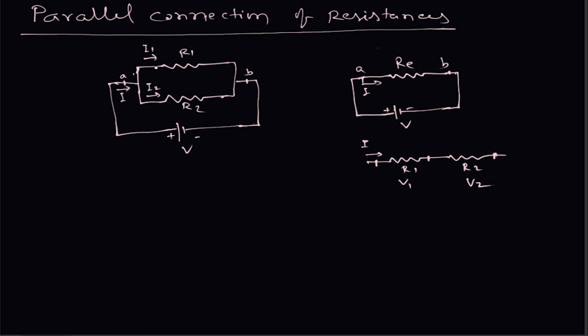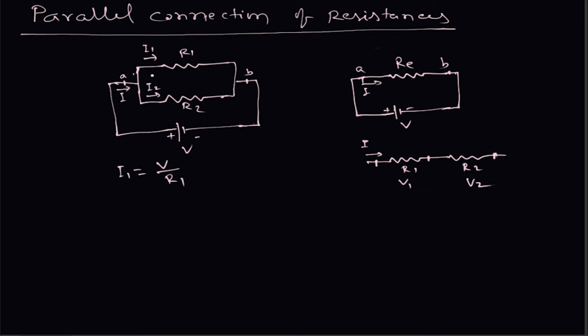So now Ohm's law will apply individually to R1 and R2. What does Ohm's law state? The voltage V is equal to I1 R1, or I1 is equal to voltage V divided by R1. So you can write I1 is equal to V divided by R1, where V is the voltage across this resistance.